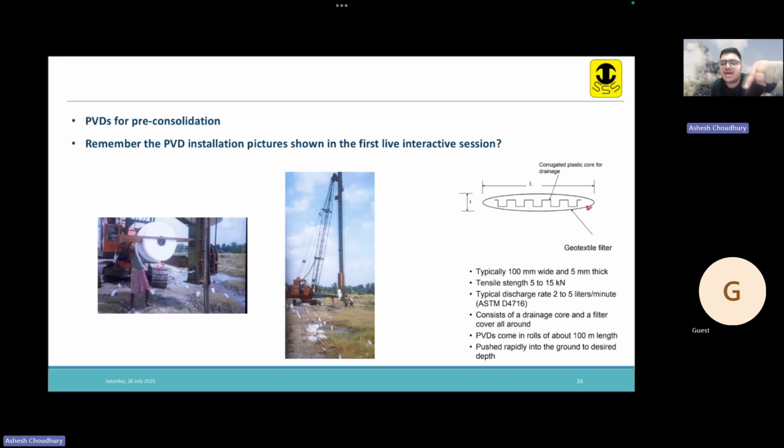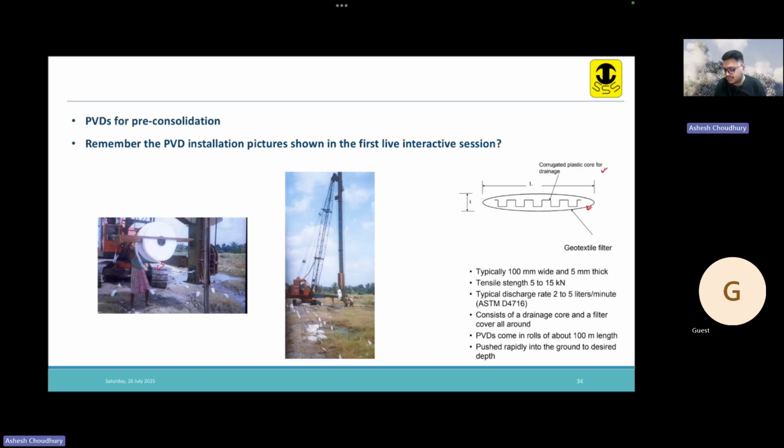And inside you have a corrugated plastic core. The function of the corrugated plastic core is to carry the water, to drain the water in the vertical direction. And the function of the geotextile covering is that of a filter. It allows water to enter into the plastic core, but it does not allow the soil particles to enter.